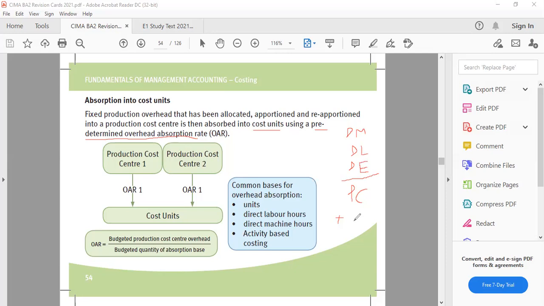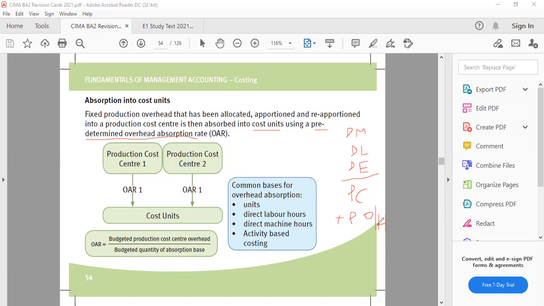So instead of doing that, the regular practice is to take all the production overheads and use some rate which is assumed, instead of charging the actual overhead cost. They take some basis and then estimated amounts are recorded.